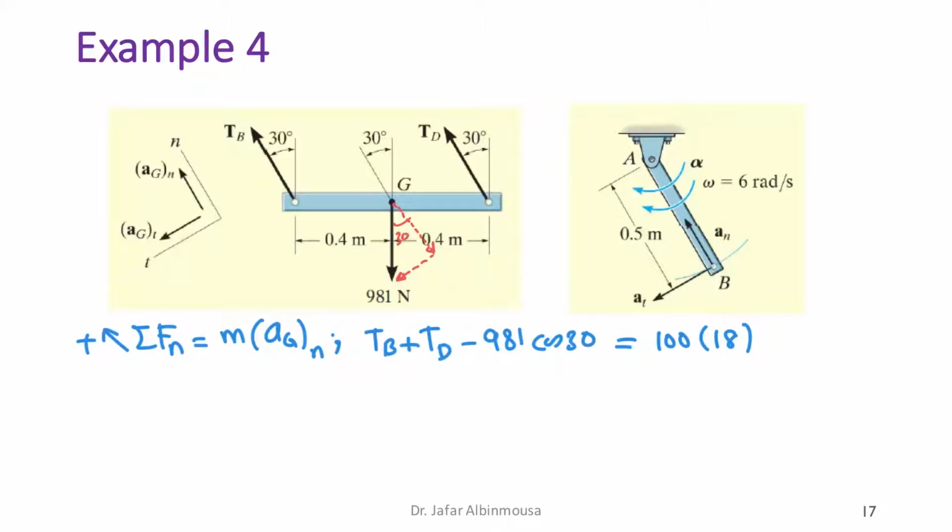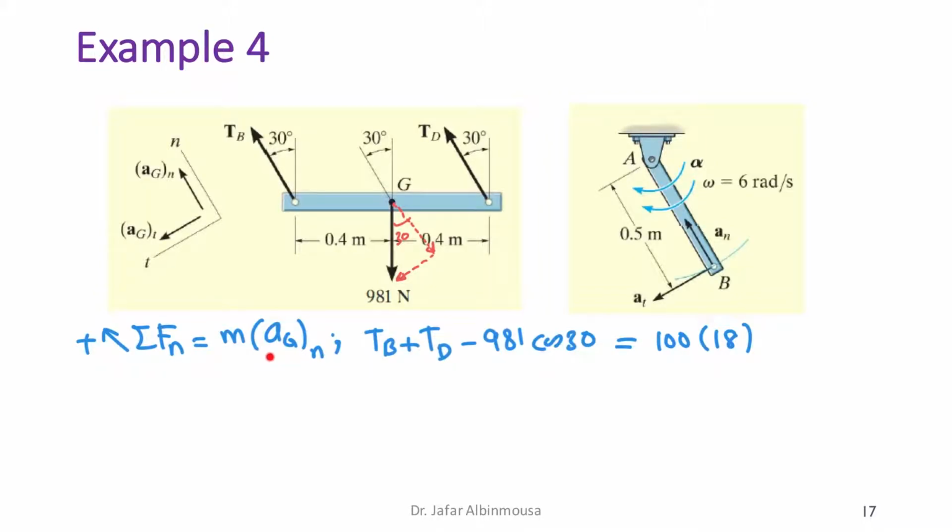This is the 30. So what we have over here is the cosine, which is this component, and it is negative because this is the direction of positive and this is the direction where it is supposed to be negative.